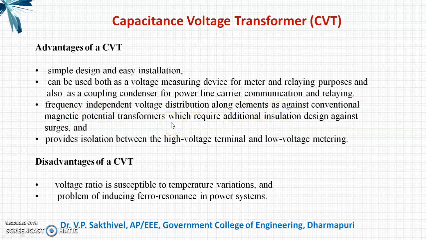Here you have the choke in series with the potential transformer, so it is frequency dependent, and this provides the isolation between high voltage and low voltage metering. The disadvantages are that the voltage ratio varies according to temperature variation, and there is a problem regarding the ferroresonance effect.